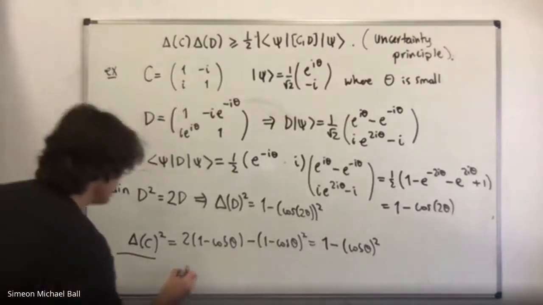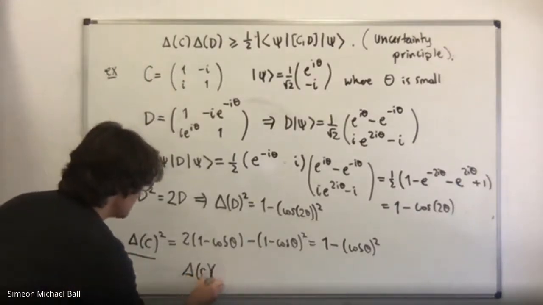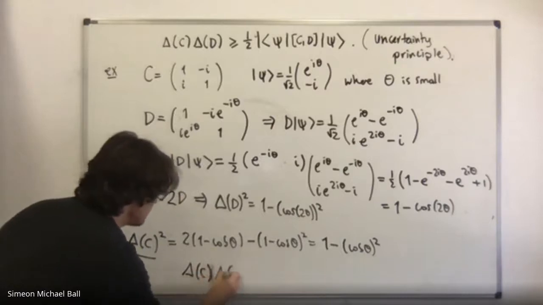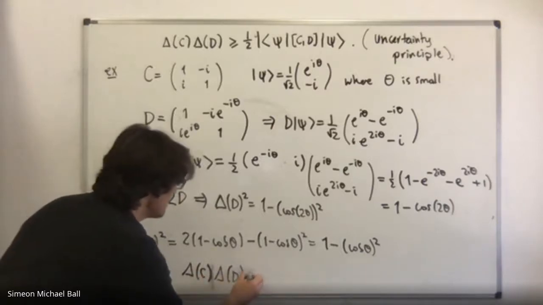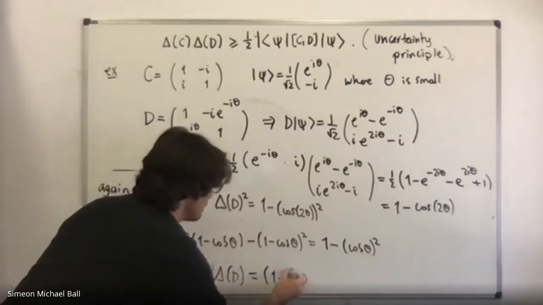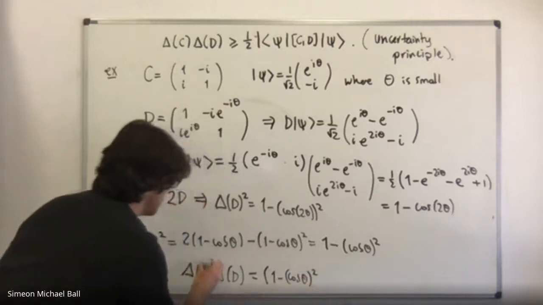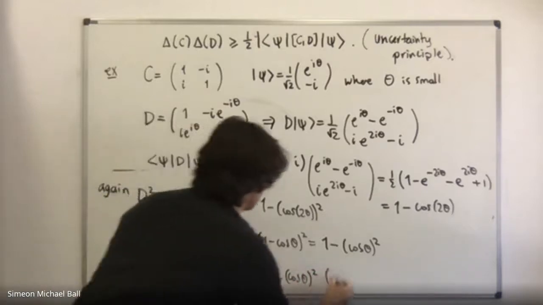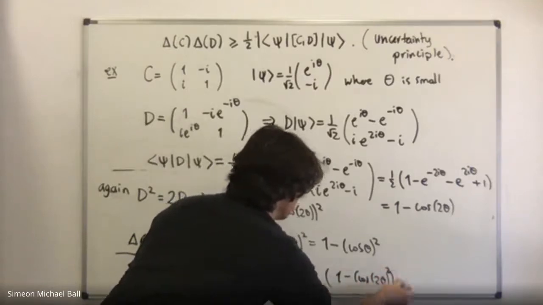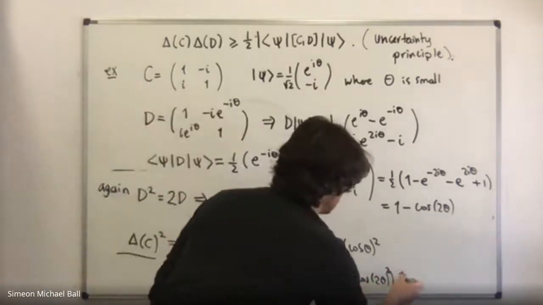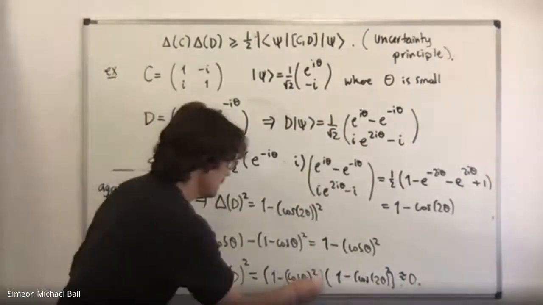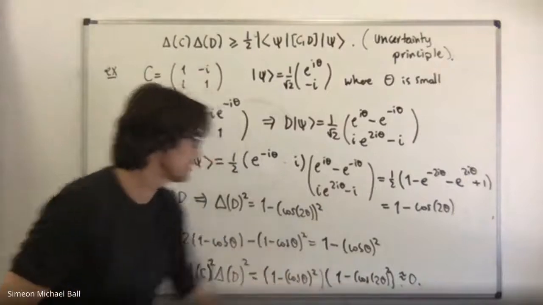So, conclusion: this quantity here is very small. It's simply 1 minus cosine, squared, so it's approximately 0, since this is approximately 1 minus 1.